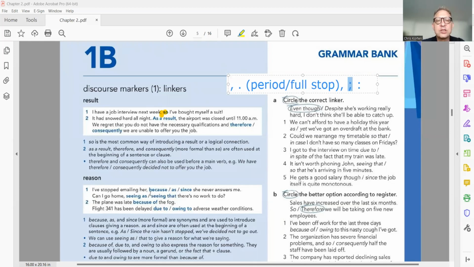And you're going to see here, I want you just to make a note of it: when they use commas, when they don't use commas, when they use a stronger punctuation like a semicolon or a period. We won't use colons in this exercise.